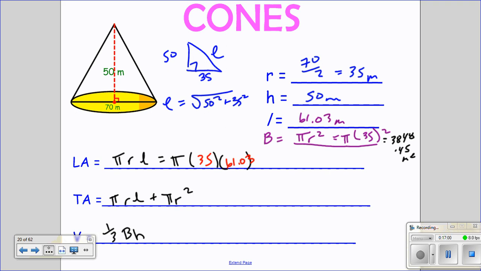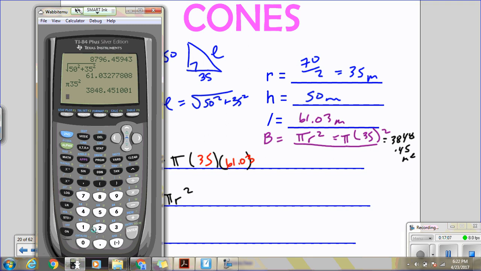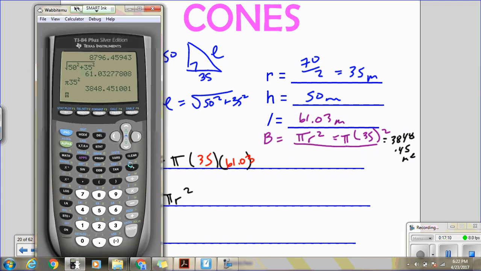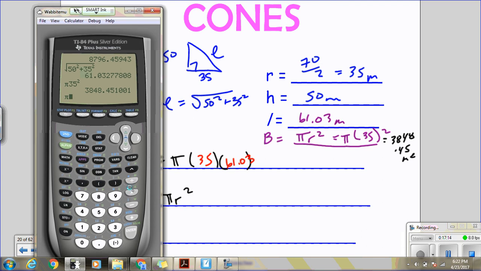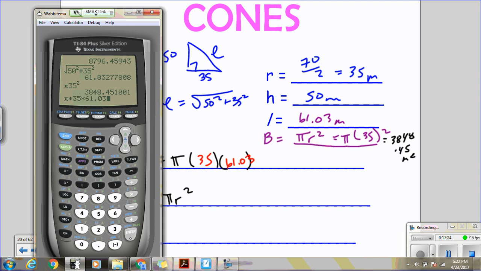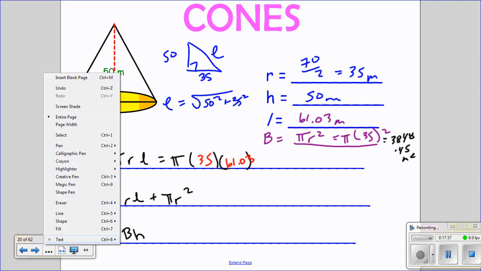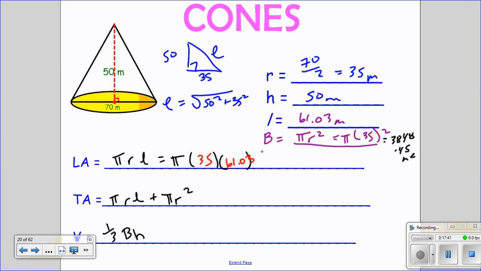Let's grab our calculator. And we get 6710.60 meters squared.